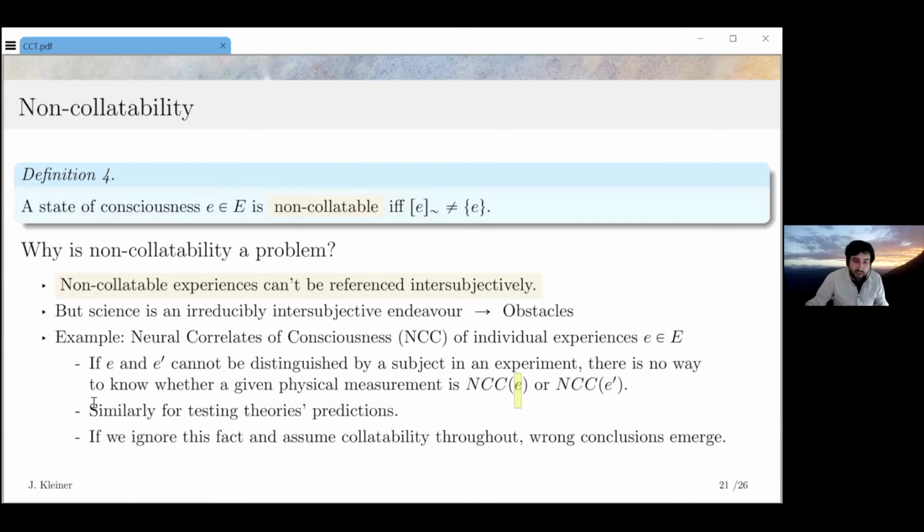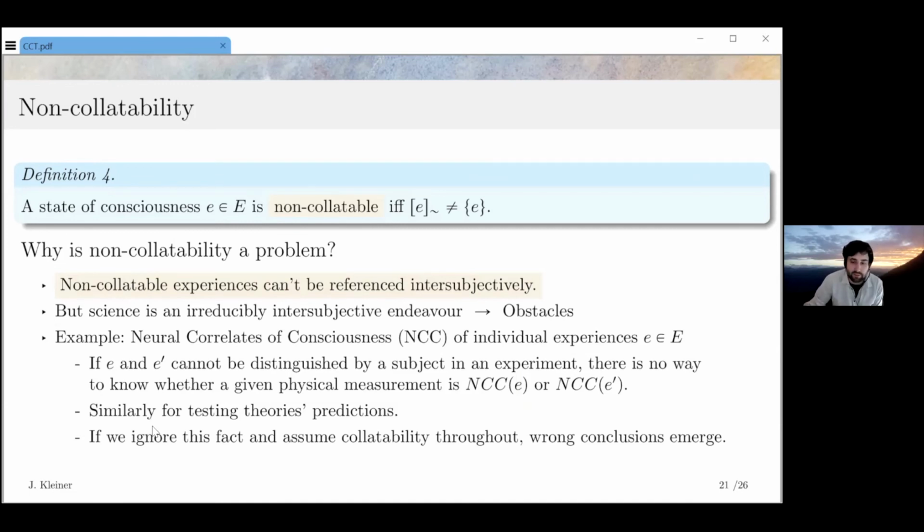The same applies for testing theories' predictions. What this example highlights is that if states of consciousness are non-collatable, if I don't know how to identify these states over several experiencing subjects, then that restricts the possibility of using that very state in experiments.